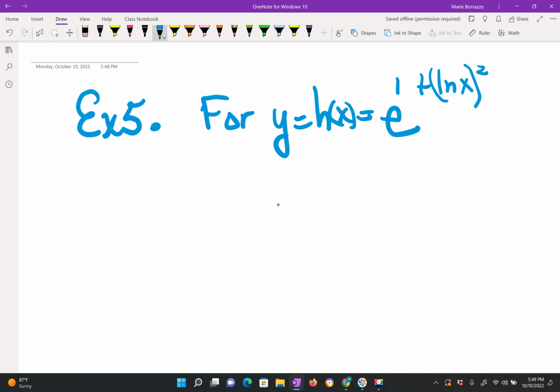They want to find the first derivative, so find dy over dx. It's e to the power of 1 plus ln x squared.